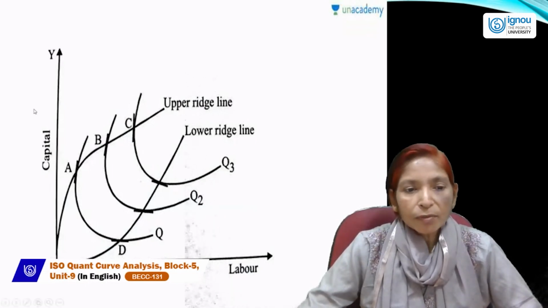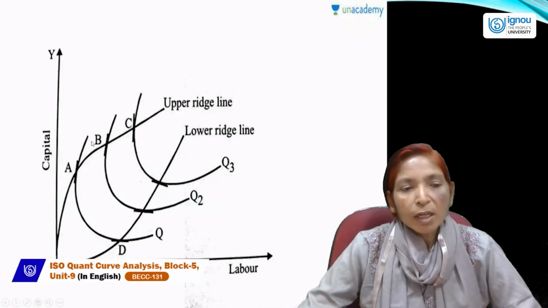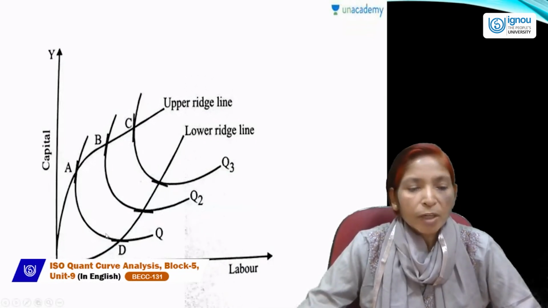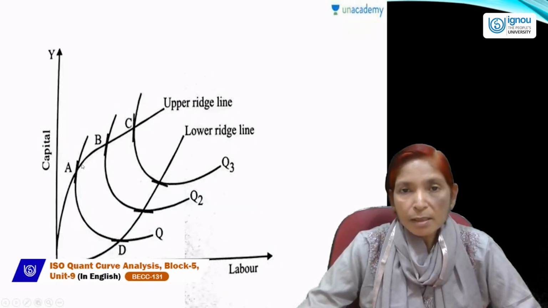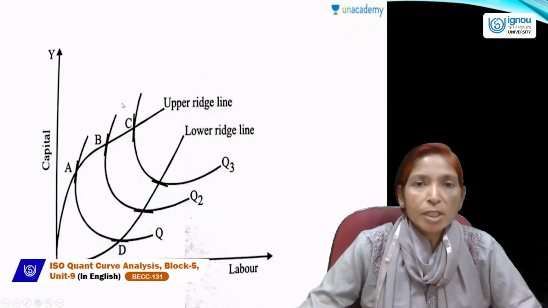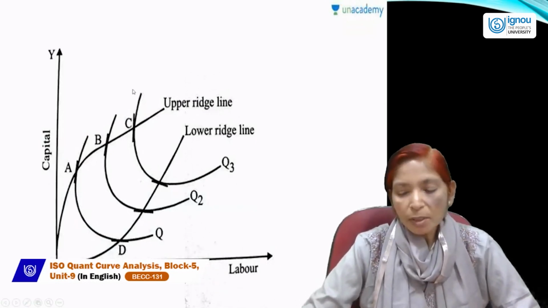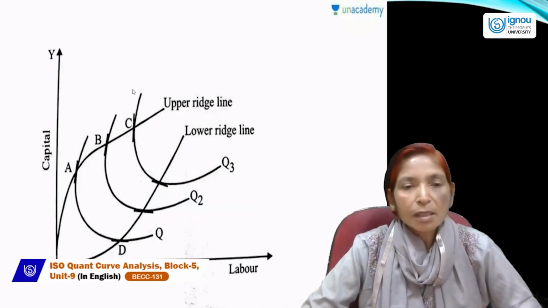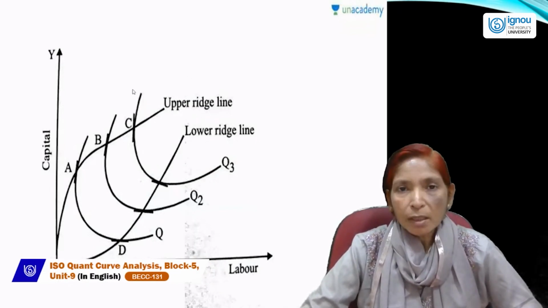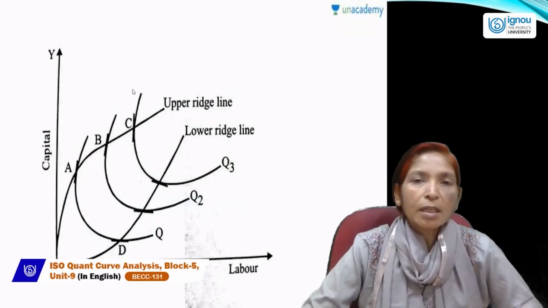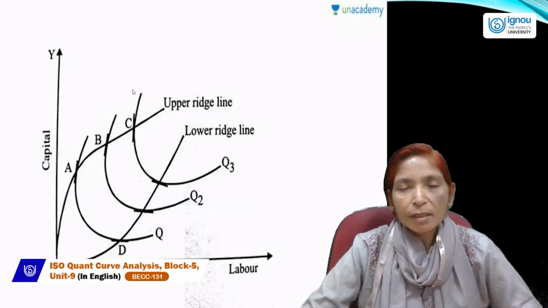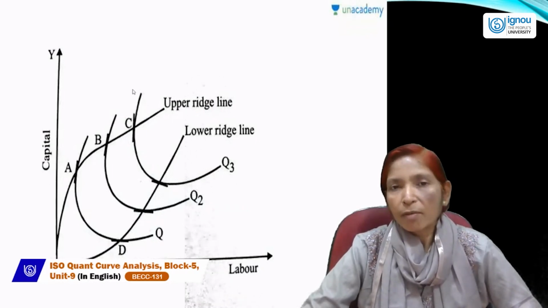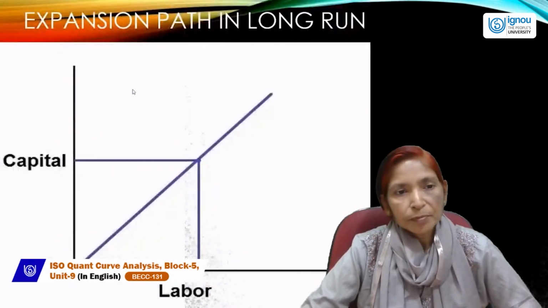So in this economic region, where the isoquant curve lies in between these ridge lines, that will be called the efficient or maximum output level. So generally, ridge lines represent the economic region, or how economically a rational producer can get the maximum level of output.